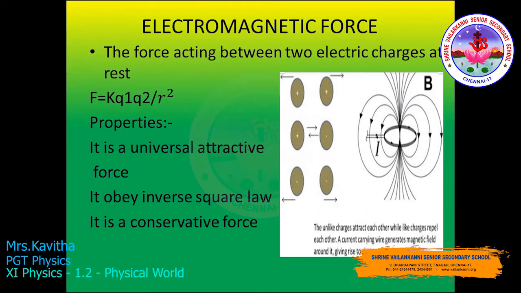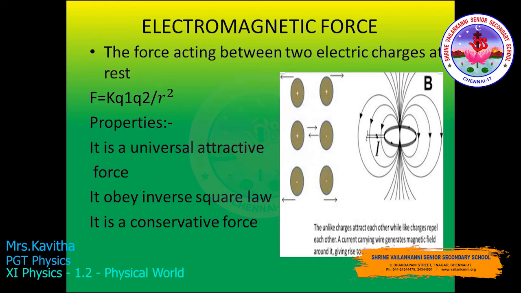What is electromagnetic force? This is the force of attraction between the electric charges at rest, which is called electrostatic force, and together with the magnetic force, it is nothing but the electromagnetic force.